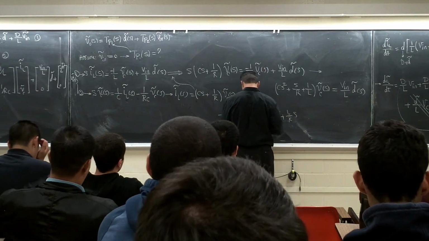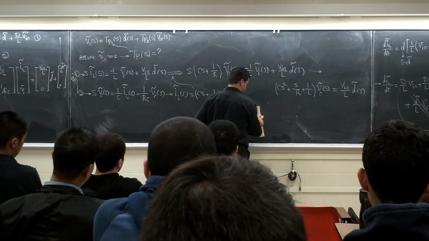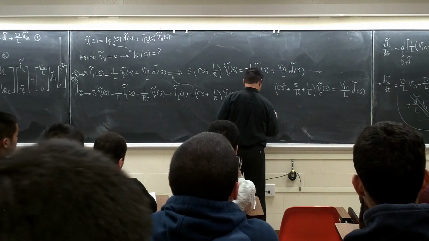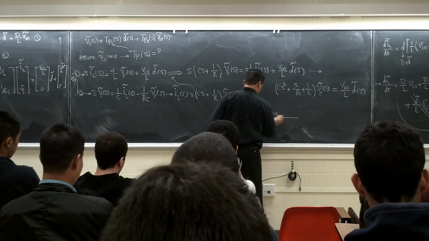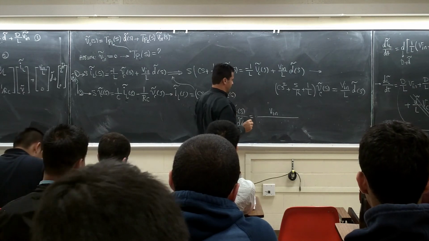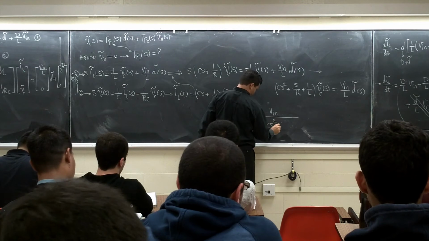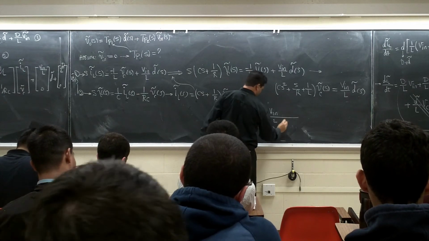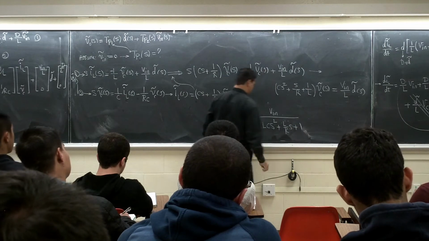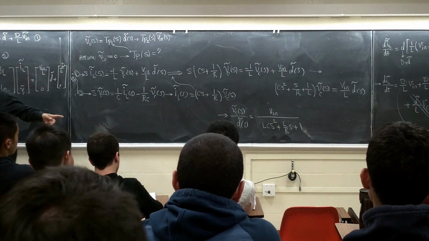Am I right? It's going to be Vin over that, LCs squared plus L over R s plus 1. So this is the transfer function of the buck converter.